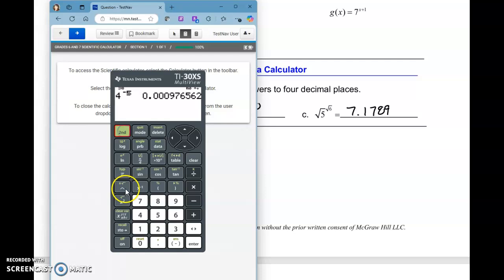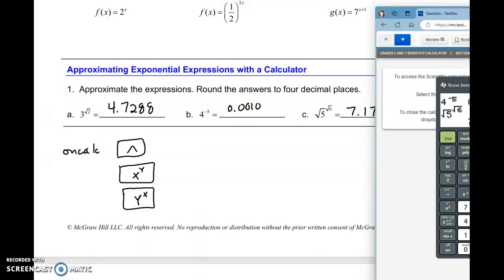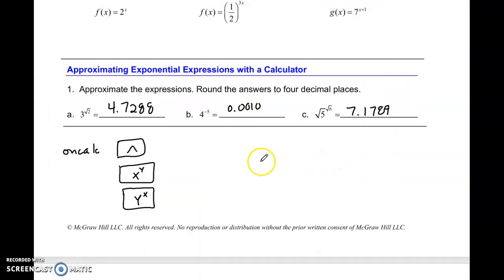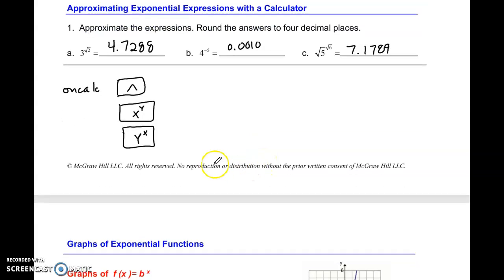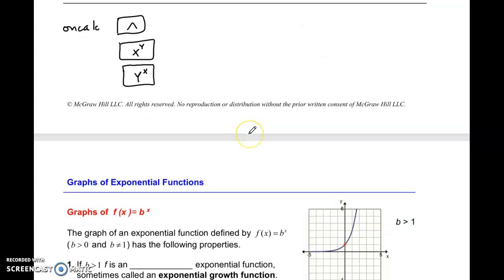So we're going to put in 5, and then the caret symbol, and I'll put the square root of 6. And then again, right arrow over to tell the calculator you're done entering under the radical sign. And here I get my answer. So that's how you do it on the calculator. Make sure that you take a look at how you would round this one.